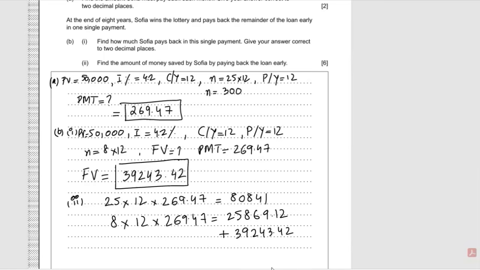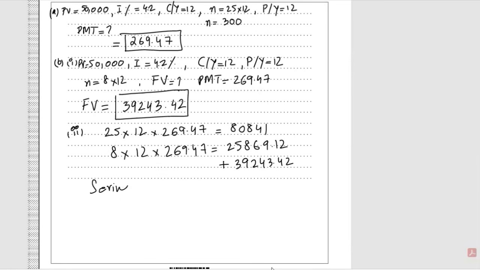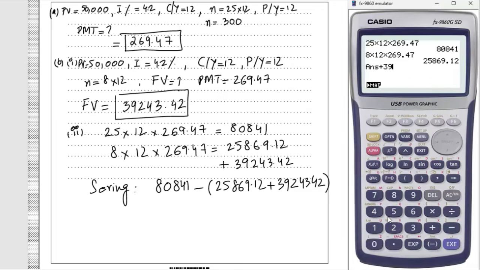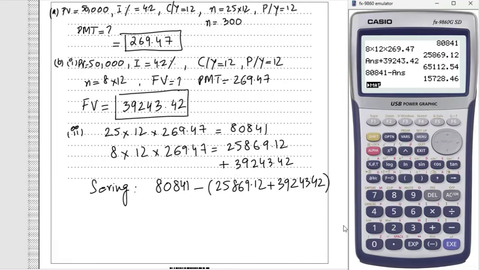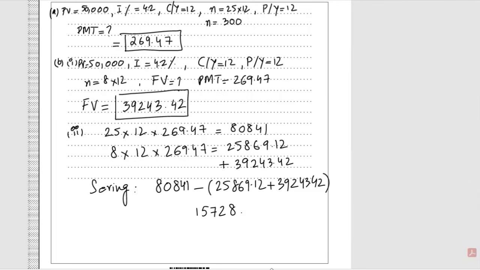So let's see how much saving. The saving is going to be by paying earlier, 80841 minus, add these two, 25869.12 plus 39243.42. Okay, so I just need to add and subtract this whole thing from 80841 minus the answer. And I'm getting 15728.46. And that is the required saving.